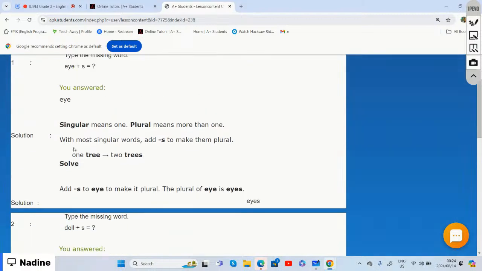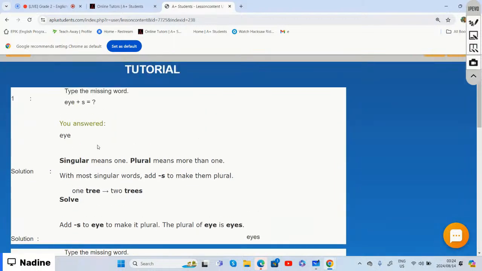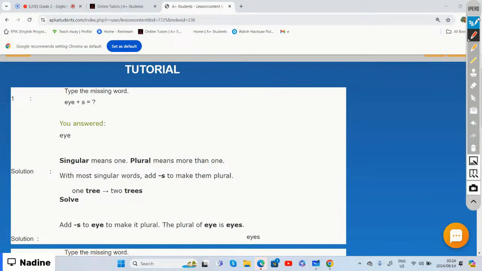All right. So now we're going to first do three activities, and then we're going to our test. We need to type the missing word. One eye, right? If we add an S to the word eye, what word will we get? One eye, but we have two what?